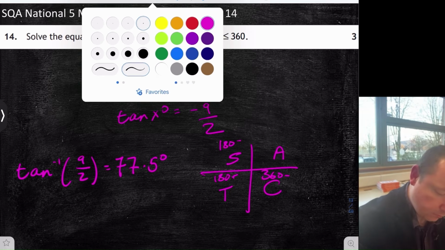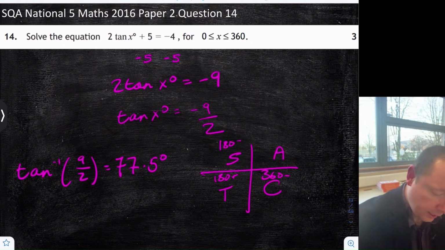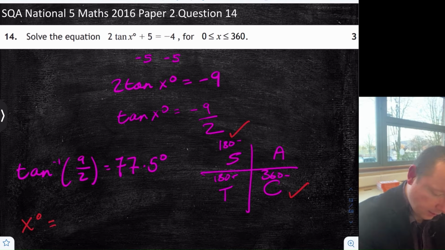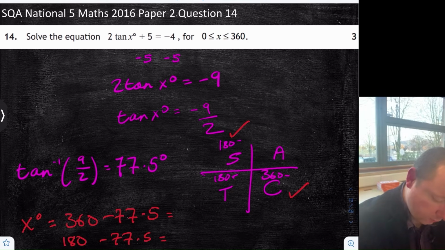Normally for tan, it would be A and T if it was positive, but since it's negative, I pick the other two. So I need to do 180 minus and 360 minus the answer I got. So x degrees, to be very clear, is 360 minus 77.5, and it is also 180 minus 77.5. 282.5 for the first one.